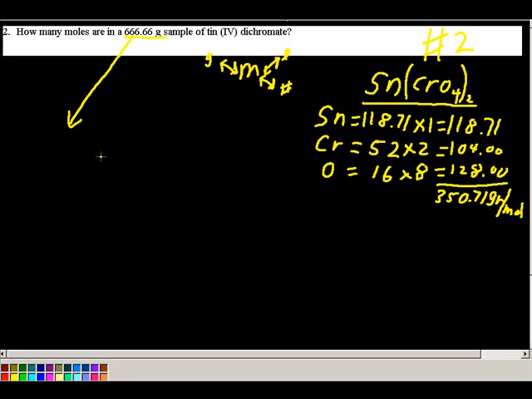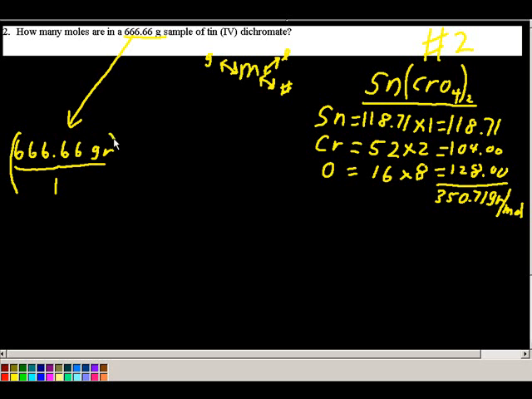We put in the first number given to us. And so it's going to be 666.66, interesting number, grams, always put units, over 1.